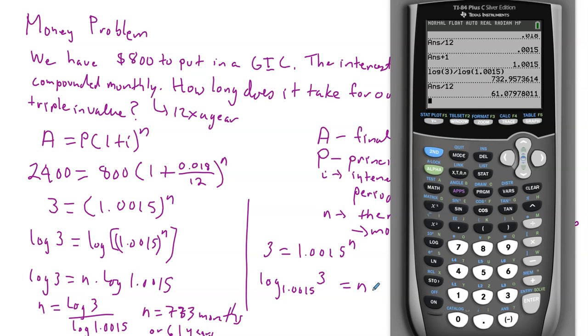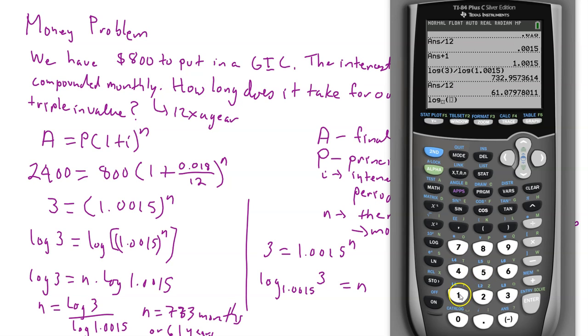So if we had a calculator that we can't put the base in, we would then rewrite it as log 3. We'd use the base change formula, so the log of 3 divided by the log of the base, right? It would be just exactly what we see here. Now on a newer calculator, if you go alpha f2, number 5 is log base.